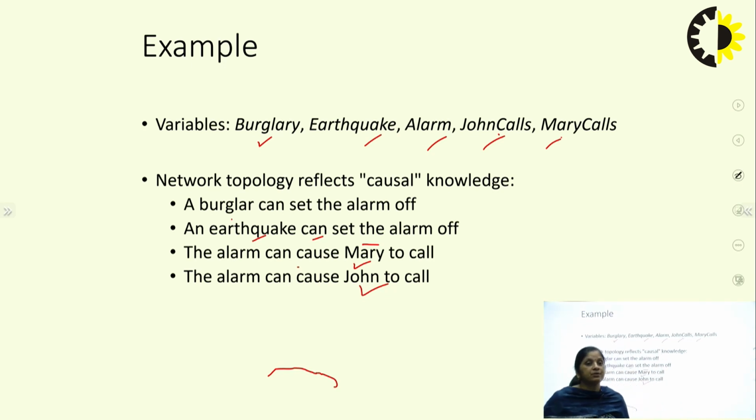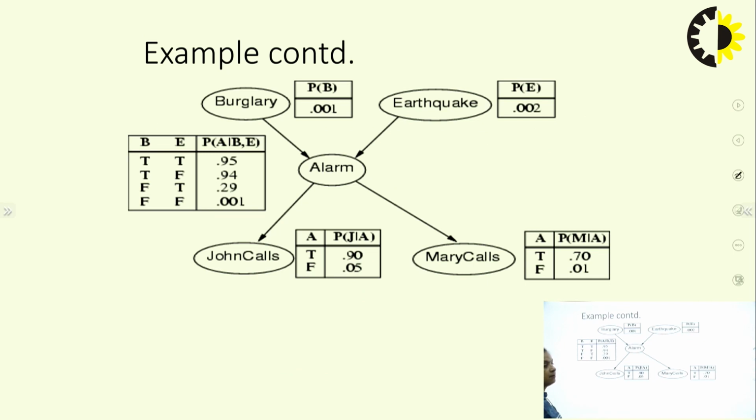The second assumption is that John will call in case of the alarm as well as sometimes with confusion of a ring, where he thinks the alarm is ringing but actually it is a telephone ring. So what is the causal relationship that we have shown here? Burglary is causing alarm, earthquake is causing alarm, alarm is causing Mary to call, and alarm is causing John to call. So how to represent this network? The topology will be like this. We are having alarm caused from burglary and earthquake.